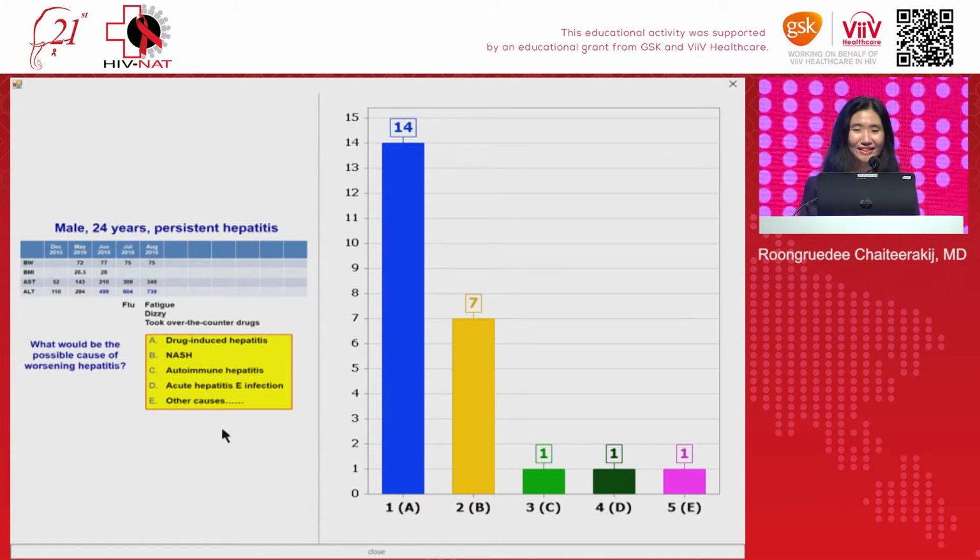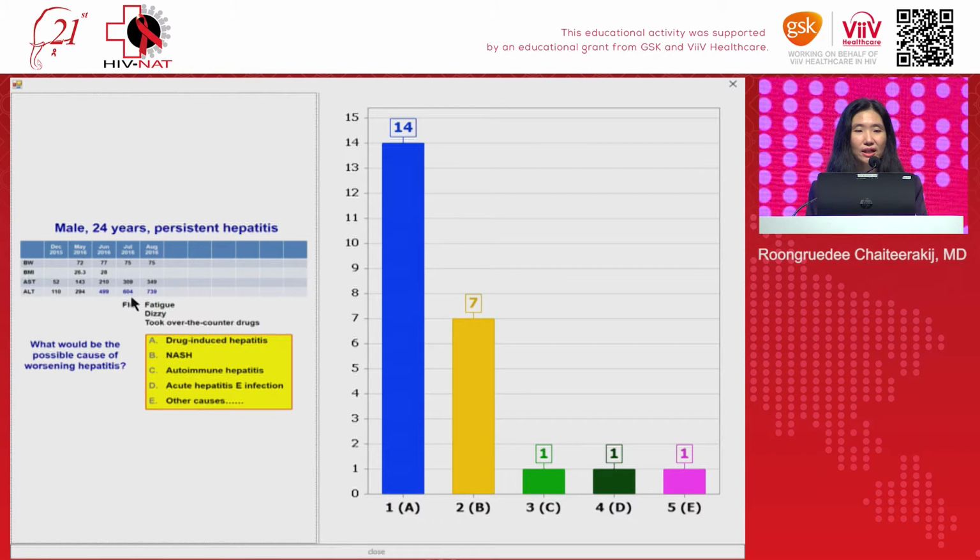Wow, very interesting. Most of you think that this is drug-induced hepatitis, and some of you thought that this is NASH. For hepatitis in NASH, the elevation of ALT is usually less than 5 times, and none of them have elevation of ALT greater than 10 times.